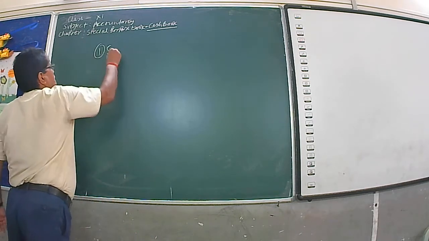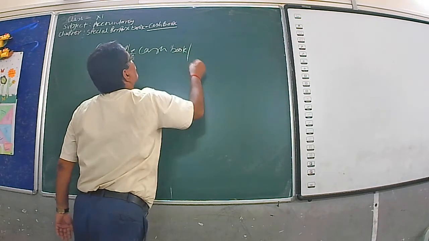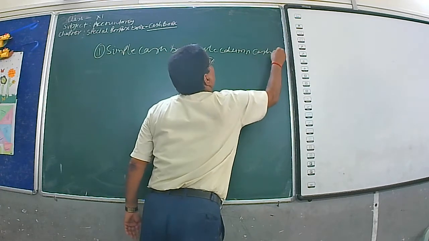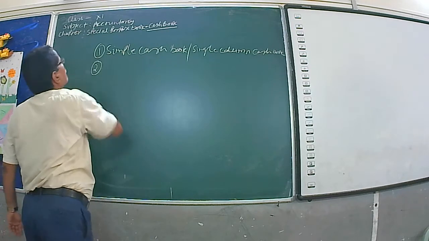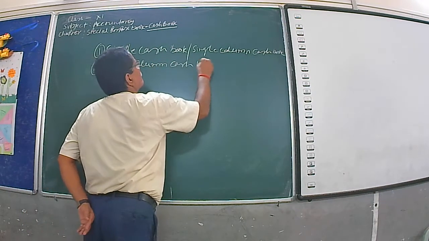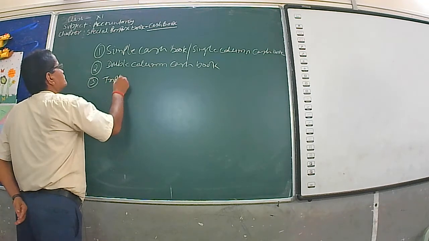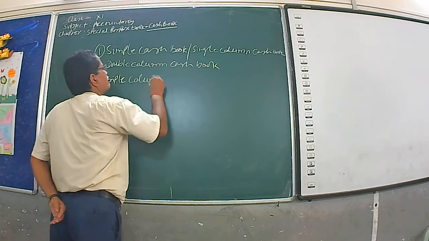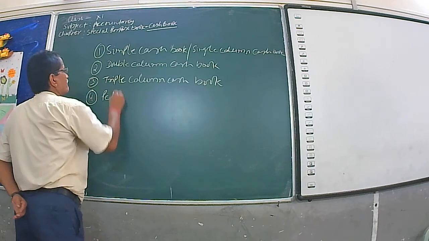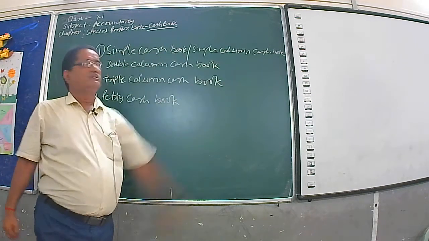In this one, number one, simple cash book, in the sense that is single column cash book.